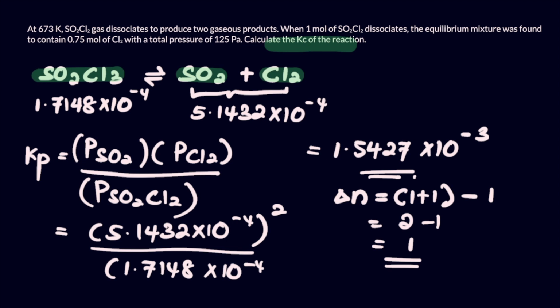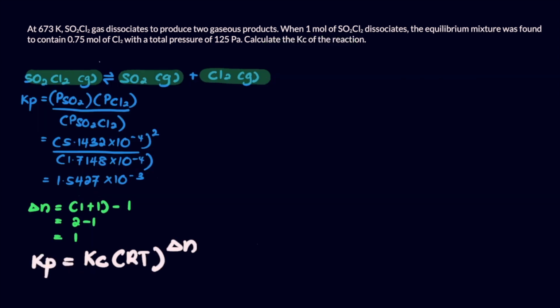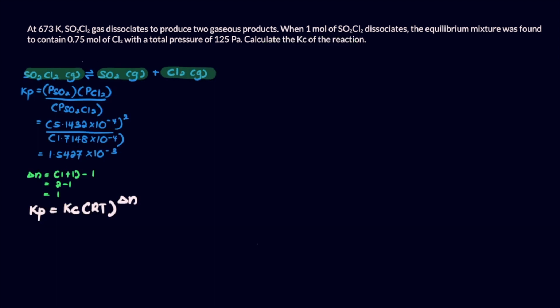So moving on, you need to find your Kc. The formula that you can use to calculate your Kc is Kp is equivalent to Kc times RT to the power of delta n. I'm just going to write here, all of these are in gaseous form. From here we just plug in the values that we have calculated just now.